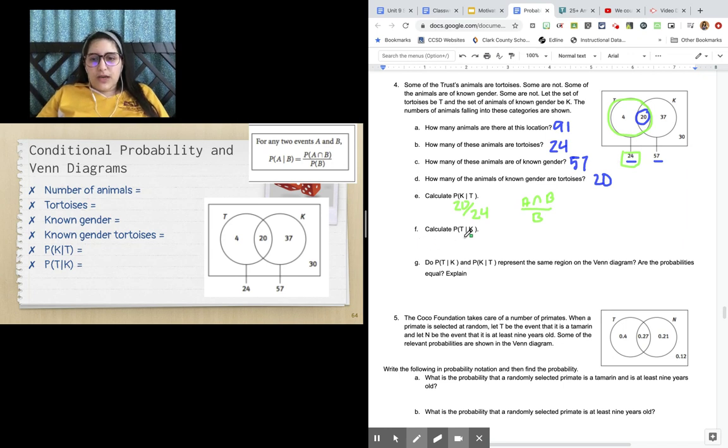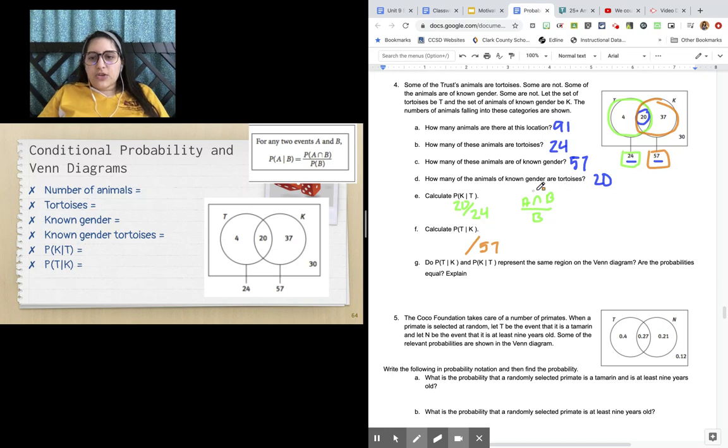For the second example, we're going to switch them. Now K is my restrictor category, so I'm going to circle that, and it goes on the bottom. The total in my restrictor category is now 57.